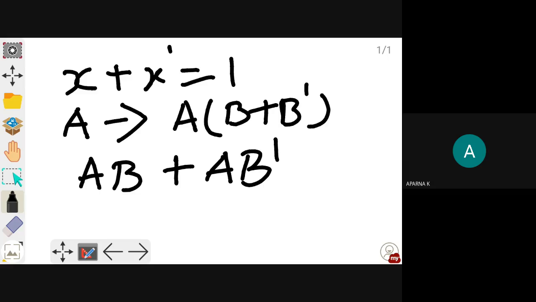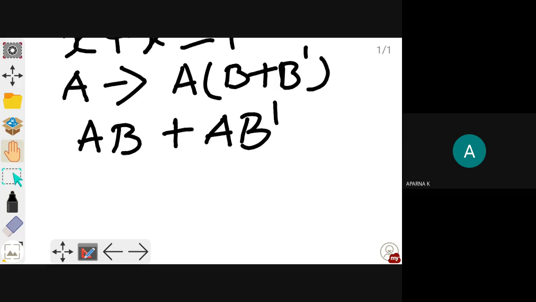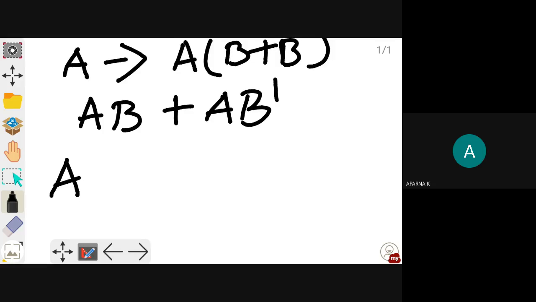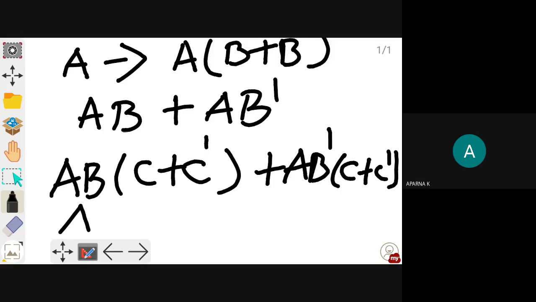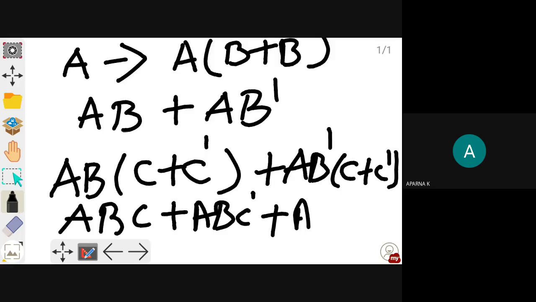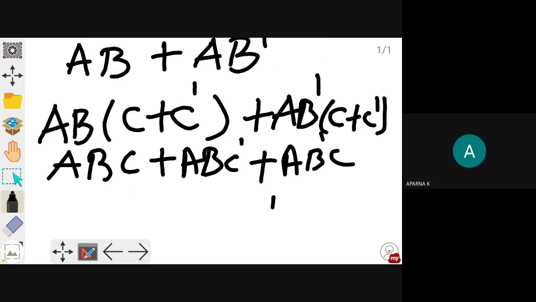So now A is converted into AB and AB dash. Now what is the term missing? C is missing. So you have to multiply AB with C plus C dash and AB dash with C plus C dash. So now you will get ABC plus ABC dash plus AB dash C plus AB dash C dash.